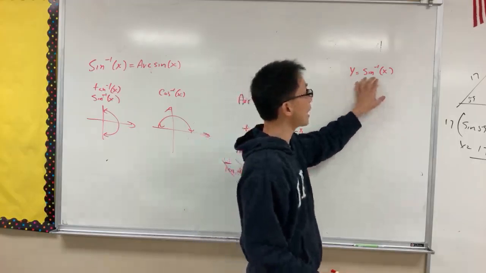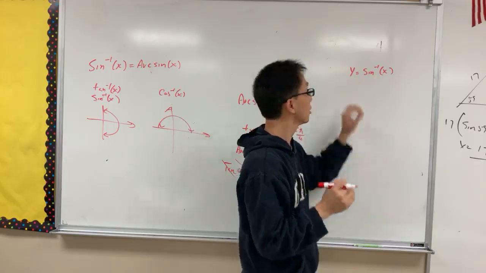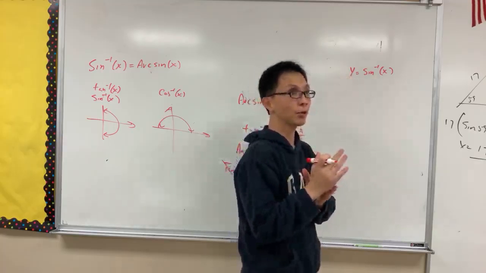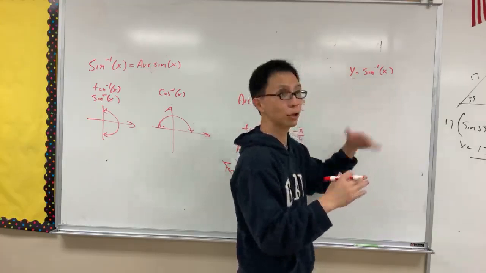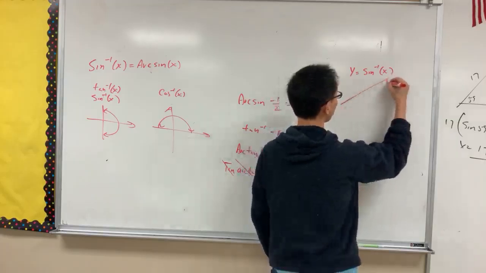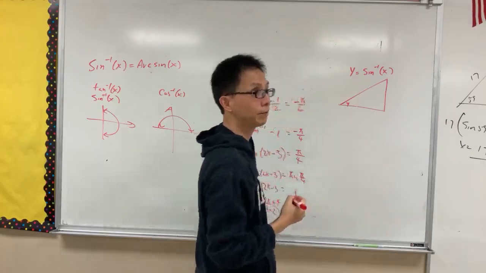So sine inverse, or arcsine, is going to give you some type of angle, right? So y is representing the angle. Does that make sense? Then I can use this to draw a right triangle. The right triangle is going to be this, and this is the y angle.